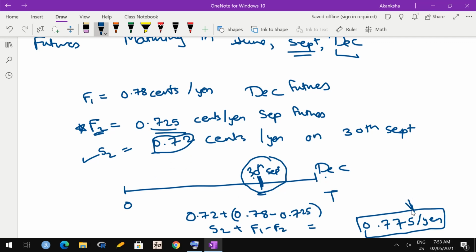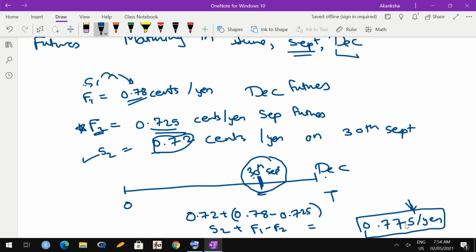So this is the benefit of hedging, that even though the prices dropped, initially the price was, we didn't write it, but it would of course be somewhere near 0.78 because S and F are generally closer to each other. So the initial price was high, the prices dropped, but because the company had already entered into a futures contract, it didn't suffer that much from the price drop.